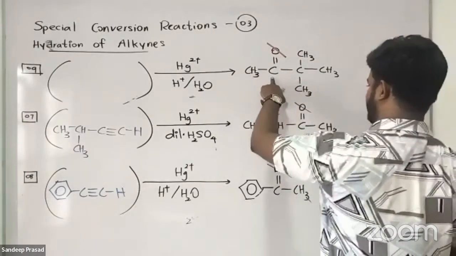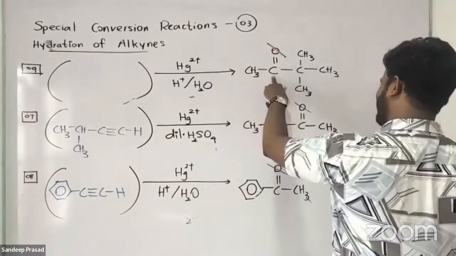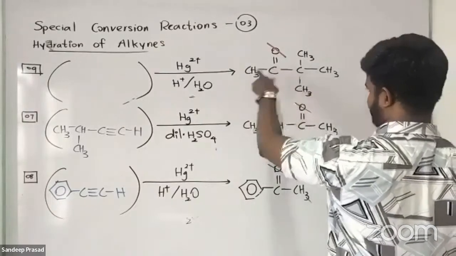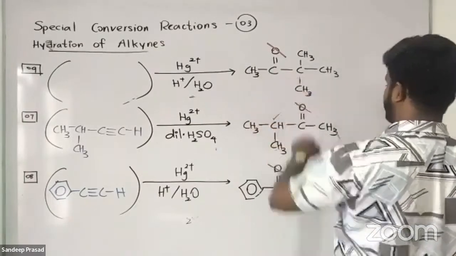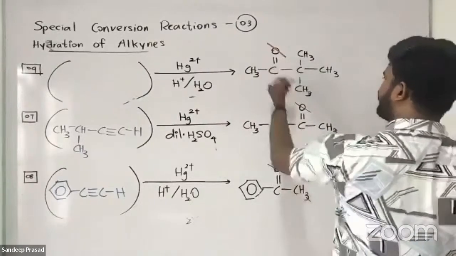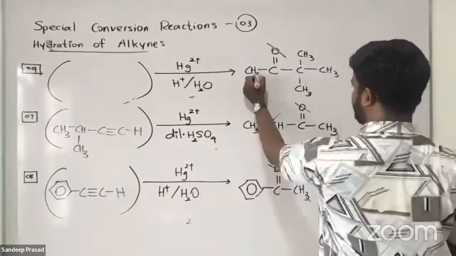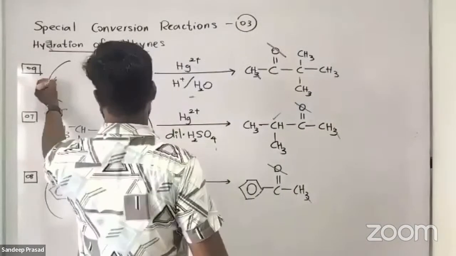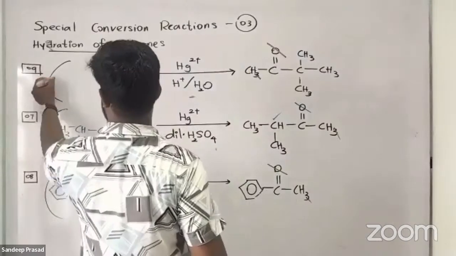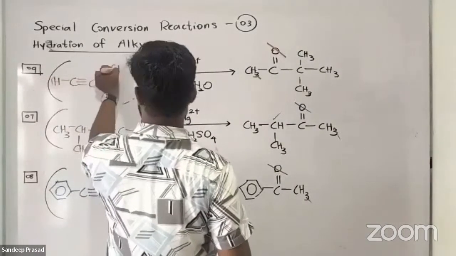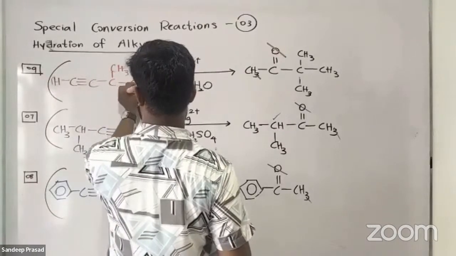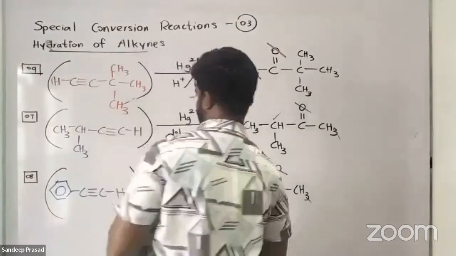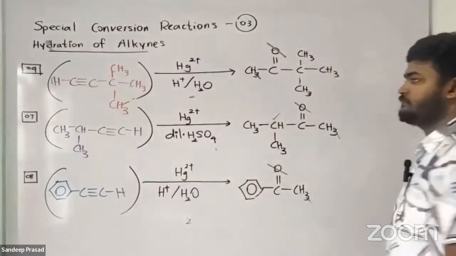Definitely the triple bond should be connected to the carbon atom. And the other carbon atom, is it the left hand side one or right hand side? If you consider the right hand side one, there are no hydrogens connected to that one. So therefore, definitely you have to consider the left hand side one. So the reactant is hydrogen, triple bond C. Okay.